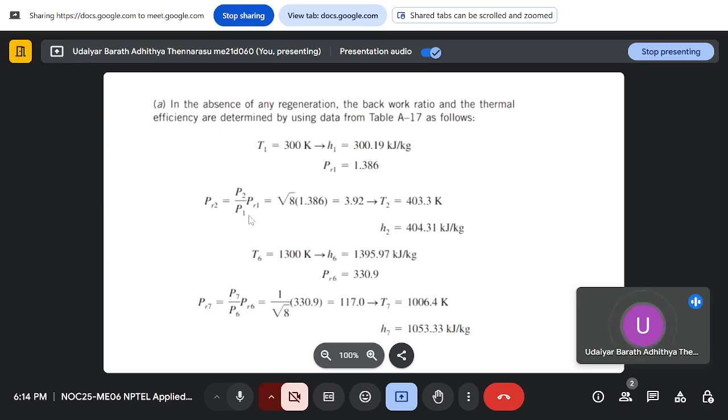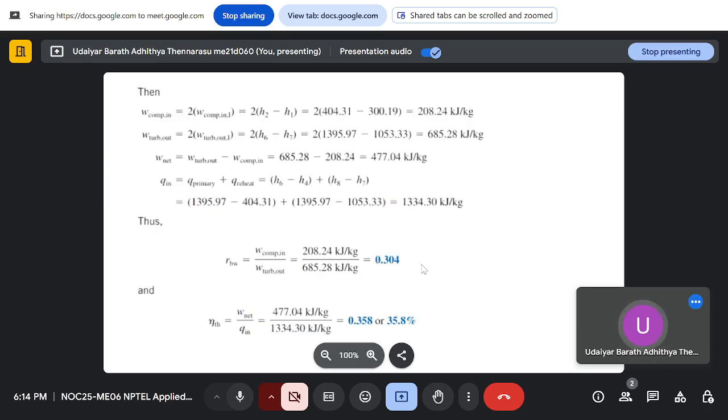For T2 your enthalpy is 404.31 kilojoule per kg, and T6 is 1300 Kelvin, so enthalpy is 1395.97 kilojoule per kg, and similarly for T7 your enthalpy is 1053.33 kilojoule per kg.